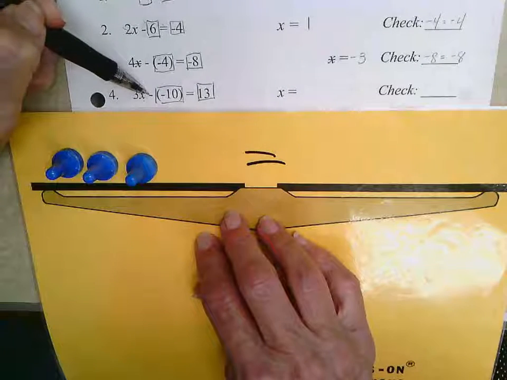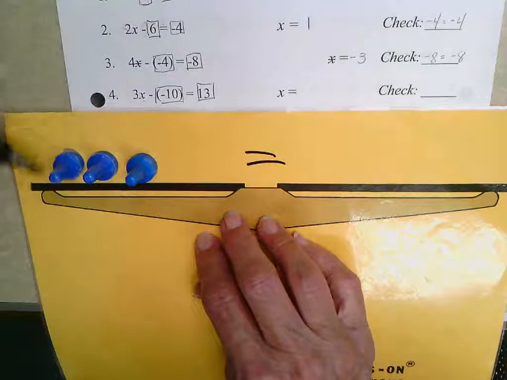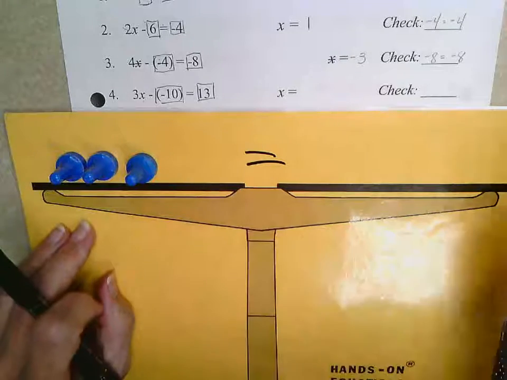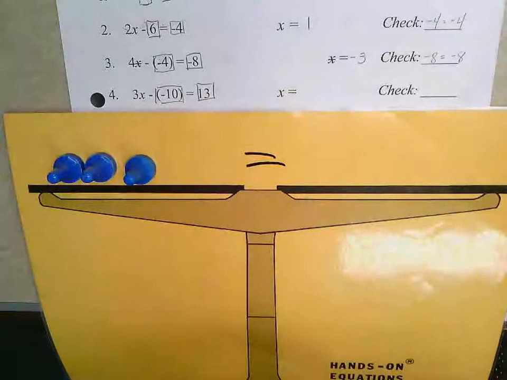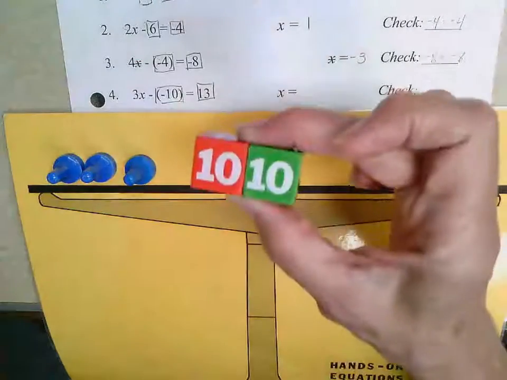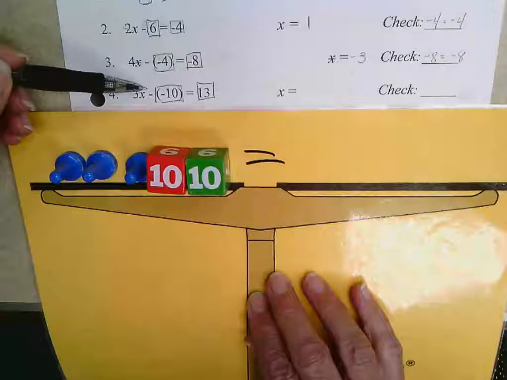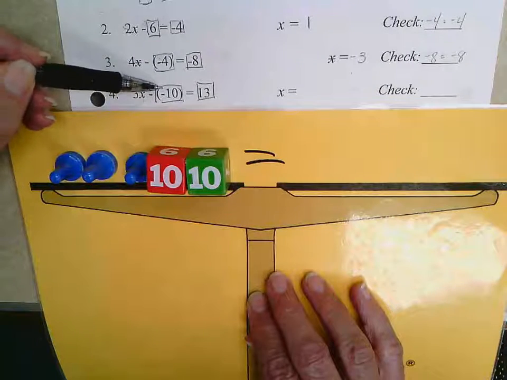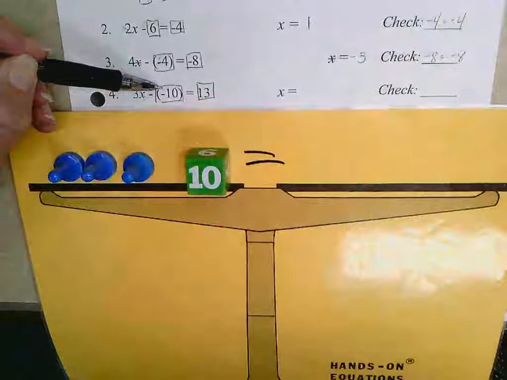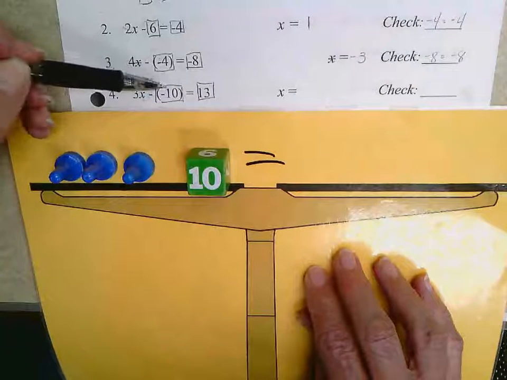And then it says to take away a -10 from these 3 blue ones. I don't have a -10, but I could make a 0 pair out of 10s. And I'm going to add those right there, and it says to take away that -10, the red block. So boom, it comes off.